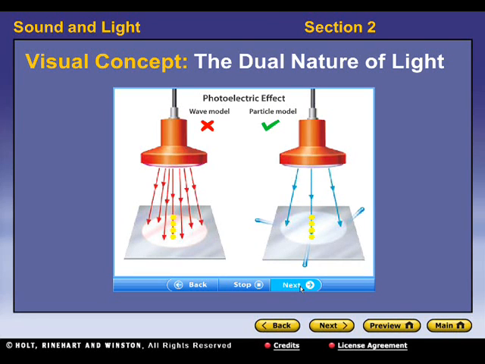If light were simply a wave, then any frequency of light should work, provided that the intensity of the light was great enough. A particle, or packet, on the other hand, would have an amount of energy associated with it, an amount that either was or was not great enough to excite an electron. So with respect to the photoelectric effect, light behaves as a particle.